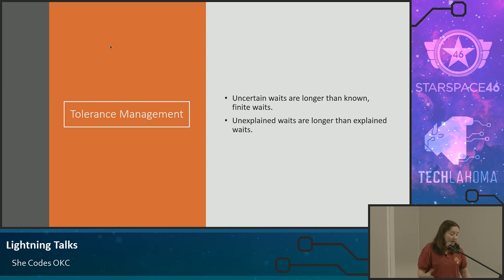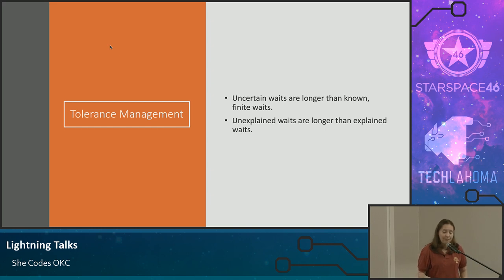Now, there are going to be cases when you have met the limits of how much of the psychological time and how much of the objective time you can really relegate with your coding. So one final note is to talk about tolerance management.